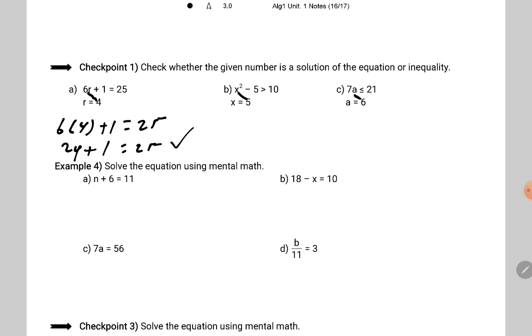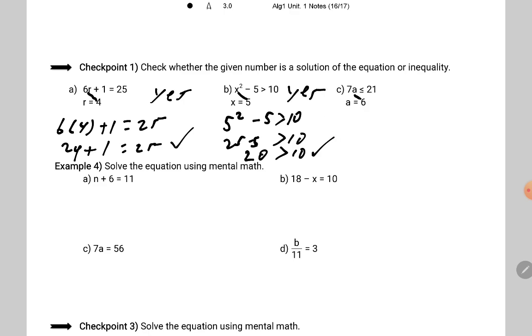Yes, it does. So, yes. 5 squared minus 5, is that bigger than 10? 25 minus 5 is bigger than 10 because 20 is bigger than 10. Yes. And then lastly, 7 times 6, is that less than or equal to 21? 42 is not less than or equal to 21. No.